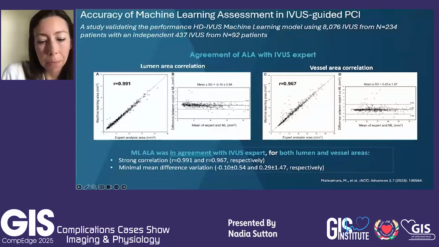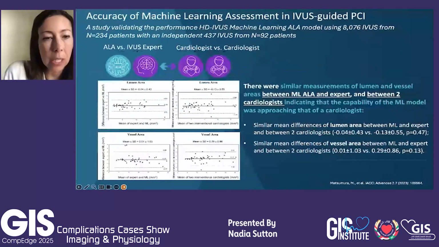So just in the last couple minutes here, I wanted to mention a couple of studies that looked at comparisons between some of these technologies and IVUS experts. For this particular study, it looked at the lumen area correlation and the vessel area correlation with IVUS experts, and found very high correlations approaching 0.99 and 0.97 respectively, indicating that these AI technologies really approach that of an IVUS expert interpreting the images.